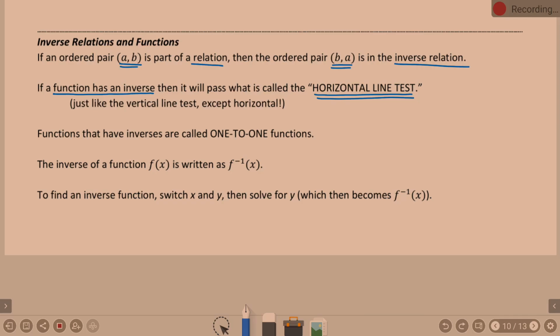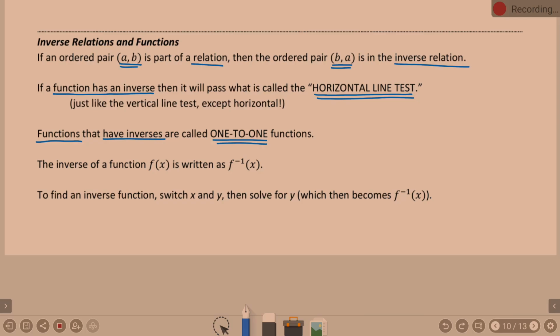Now, new vocab. Functions that have inverses are called one-to-one. If a function has an inverse, it's one-to-one. Because if it's a function, it had to pass a vertical line test, and if it passes the vertical line test, that means your x values don't repeat.